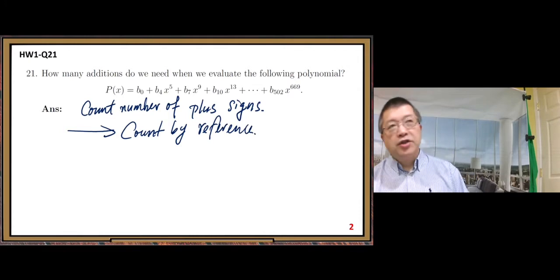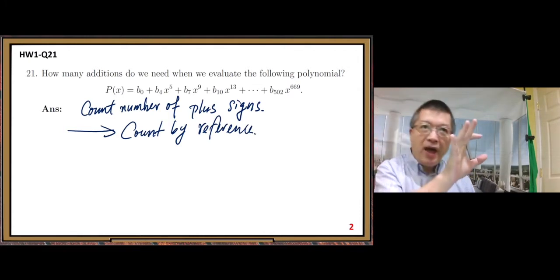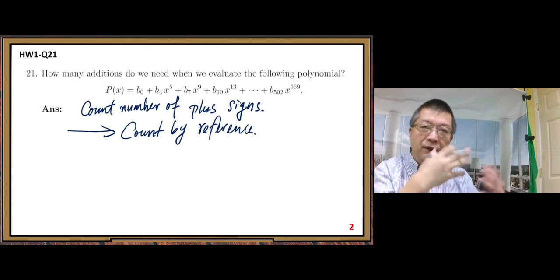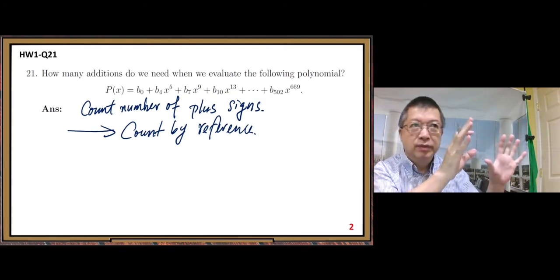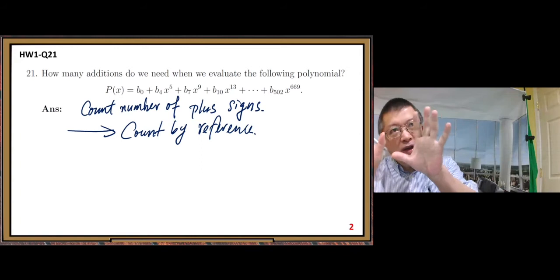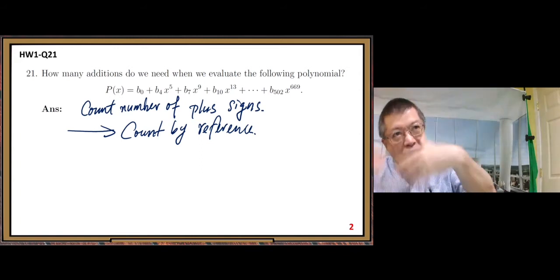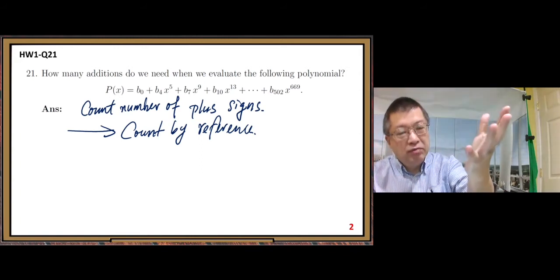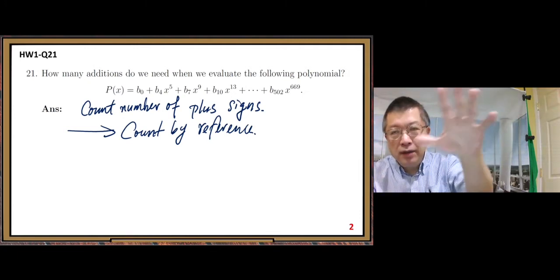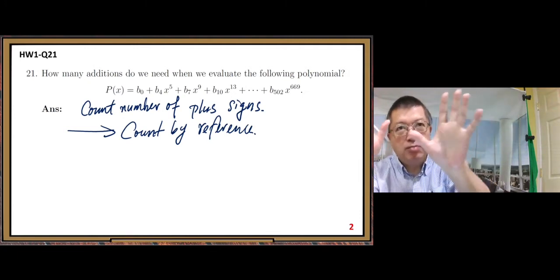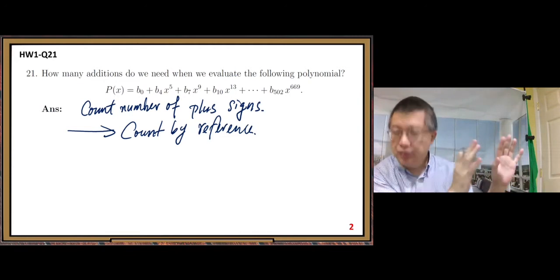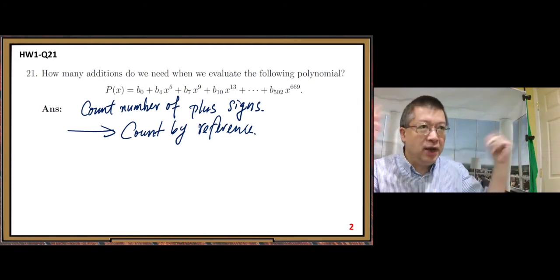You need to find a special reference, then you convert your counting problem into counting another, different type of object. And that new counting is much easier than the original counting. That's the basic idea.